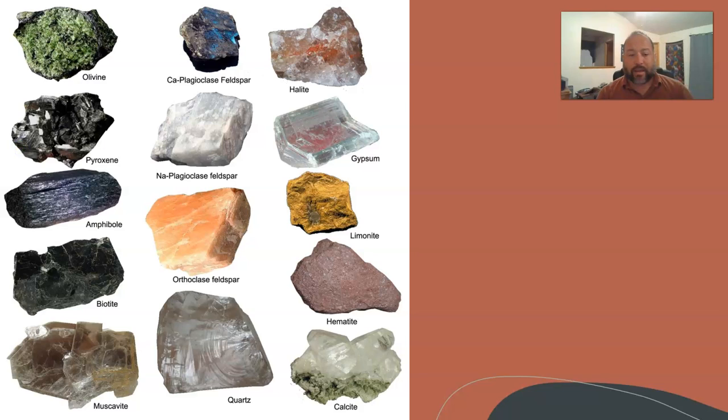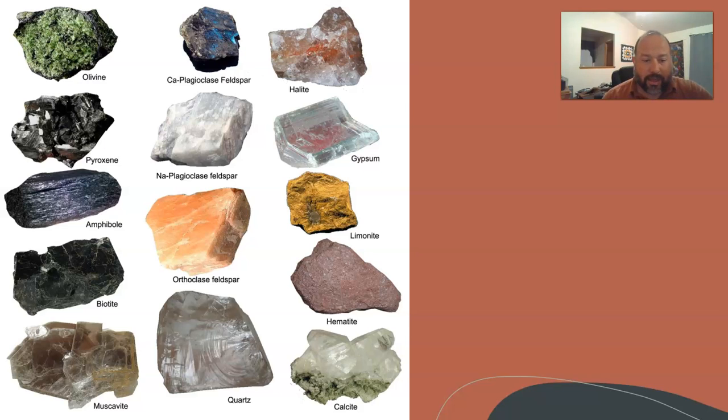So when we're talking about minerals, what is it we're talking about? Well, here's some examples of some minerals. There's olivine, feldspar, halite, gypsum, hematite, calcite, quartz, muscovite, pyroxene, all sorts of stuff in there.